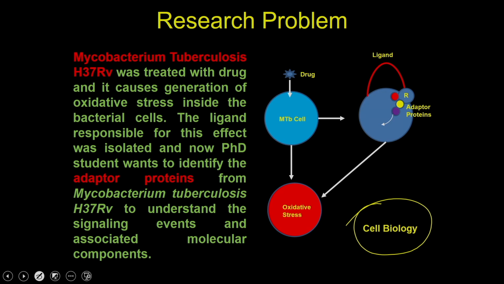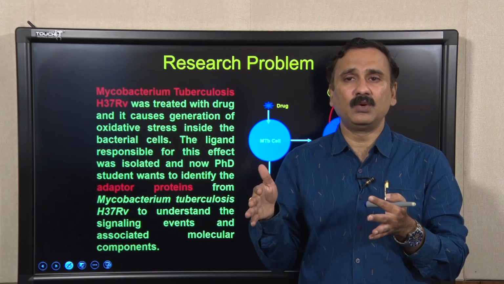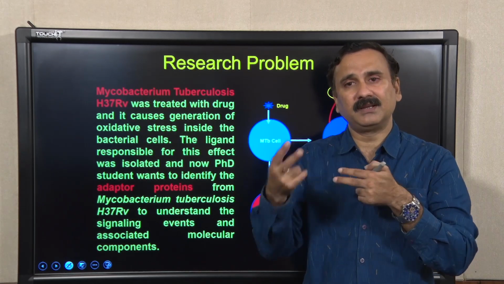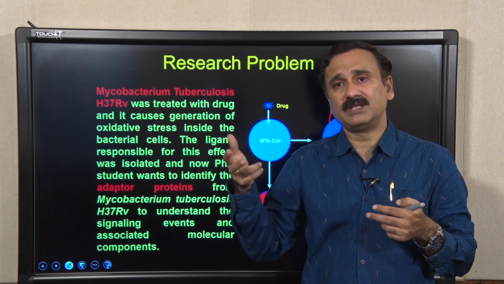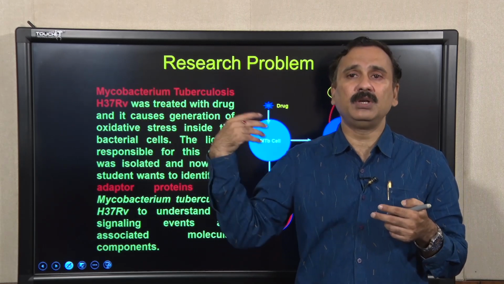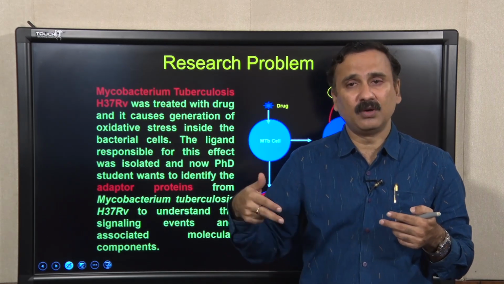One, when the ligand is binding, you can first characterize that, and also once the adapter proteins are known, it is going to tell you the information about the adapter proteins. But false positives are going to come, because when you are processing the whole cell lysate, some proteins which may not be adapter proteins are also going to bind non-specifically to your beads.